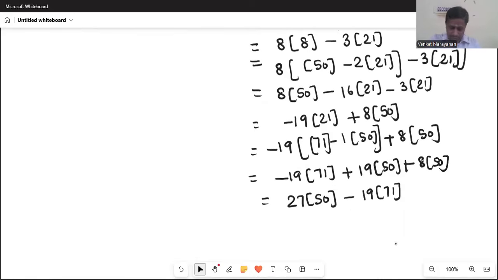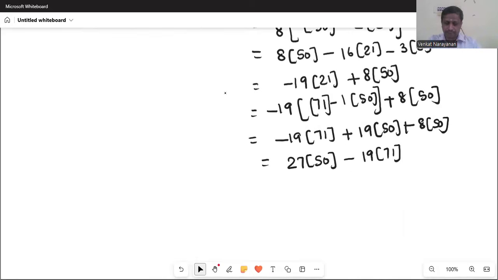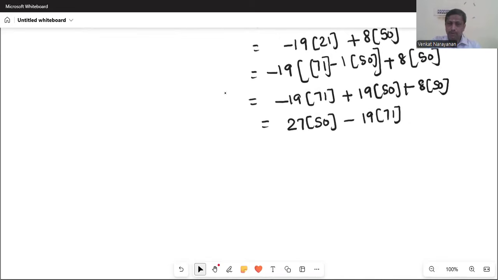Already we know the given equation is 71x minus 50y equals 1.